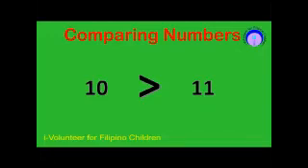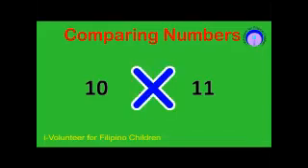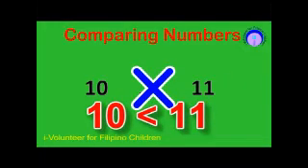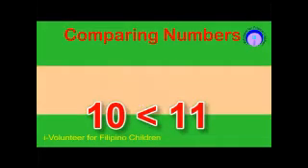Is it true or false? The answer is false. To make it correct, we will replace the greater than sign with a less than sign. This is now read as 10 is less than 11.